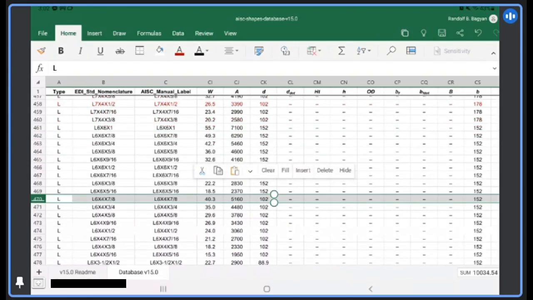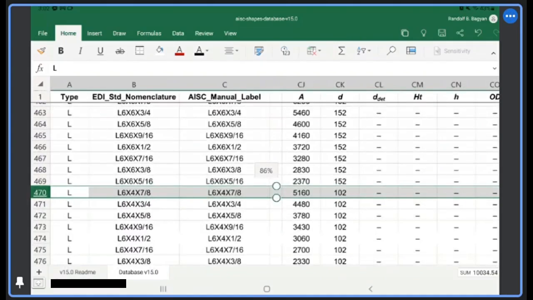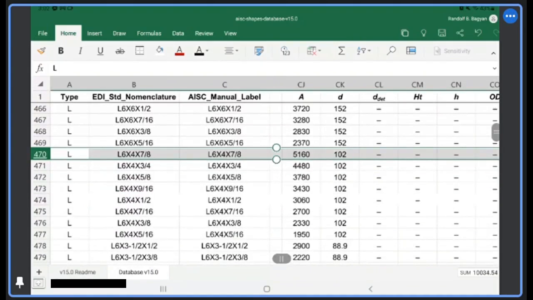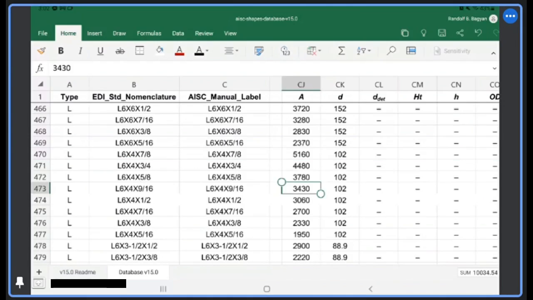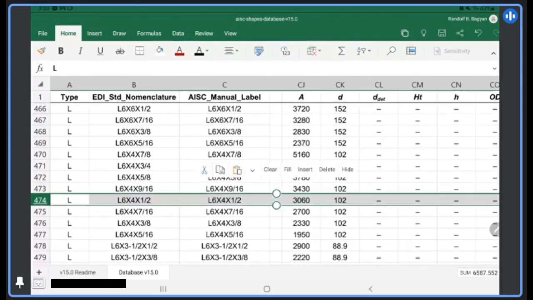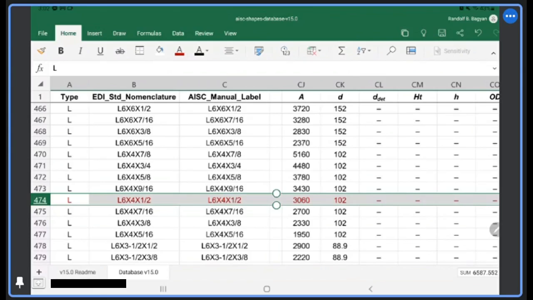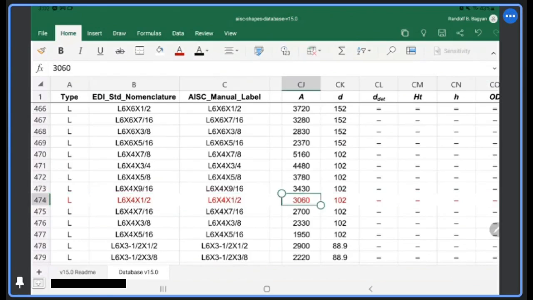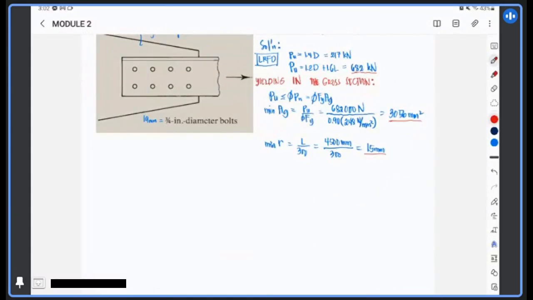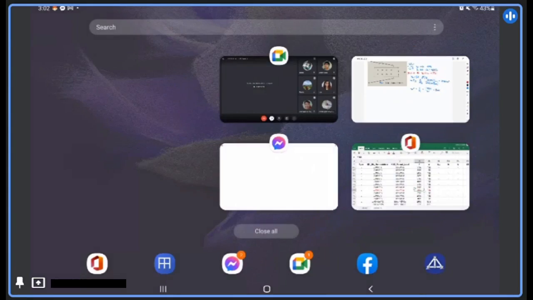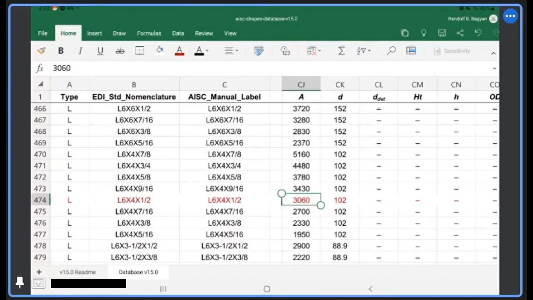So L6 by 4, here it is. The minimum is 3,056. Alright, this is the closest, 3,060. Right? What's the minimum? 3,056. And we have to check the gross area.